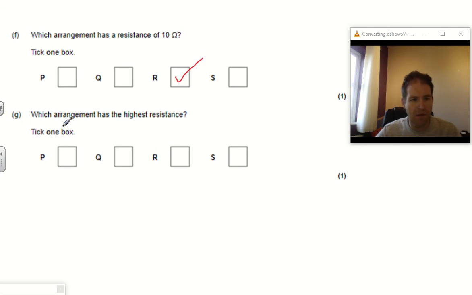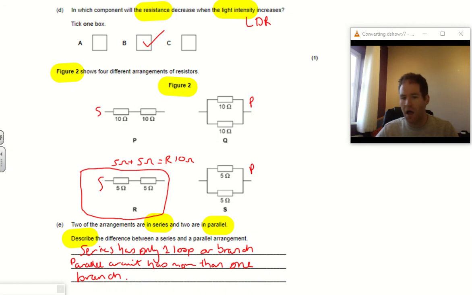And the next one, which arrangement has the highest resistance? So what we've got to do is go back through and find out where it might be the highest. Okay, now in parallel, remembering parallel, the branches are the same, and they don't add up, so it's lower than the lowest resistor. Okay, so that's lower than 10, that's lower than 5.